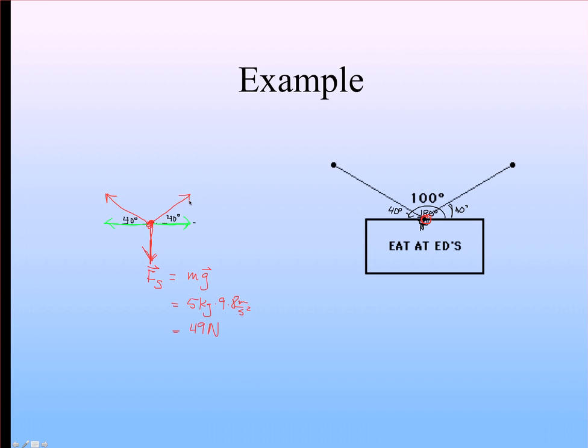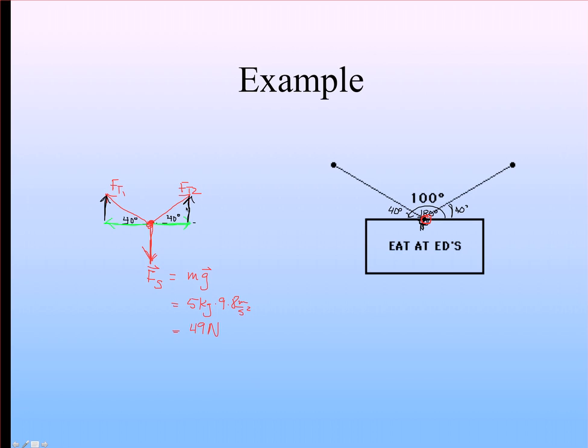And here's the other thing we can say about this situation. Those two tension forces, let's call them Ft1 and Ft2, will have vertical components, and those vertical components will also be equal to each other.